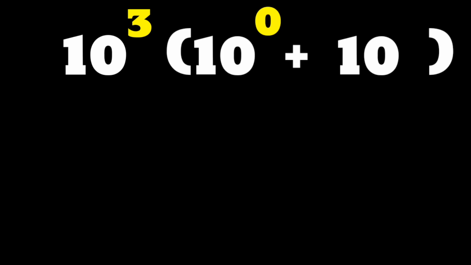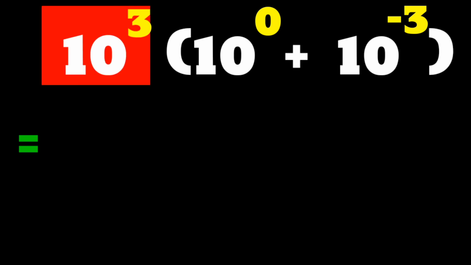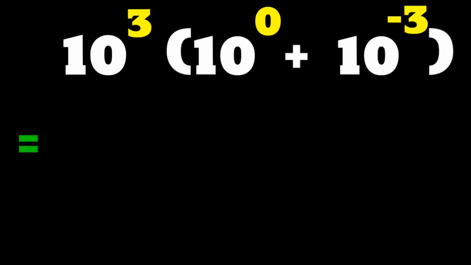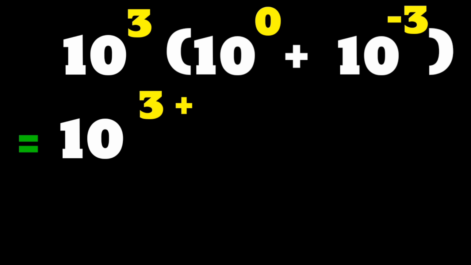10 to the 3rd power times the quantity of 10 to the 0 power plus 10 to the negative 3rd power. By distributive property, 10 cubed times 10 to the 0 power. Multiplication rule: copy the base 10 and add exponents, 3 plus 0 equals 3.